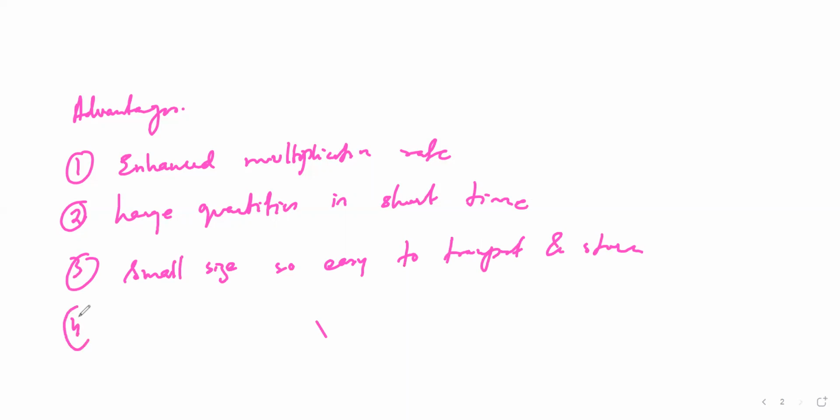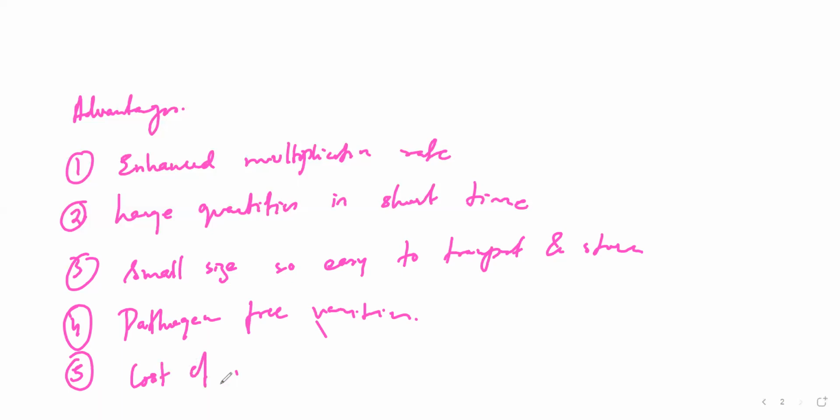Then whatever plants are produced are in a contamination-free zone, so they will be pathogen-free varieties. Then it's also cost effective, you can say. Plus you can produce new varieties of plants.